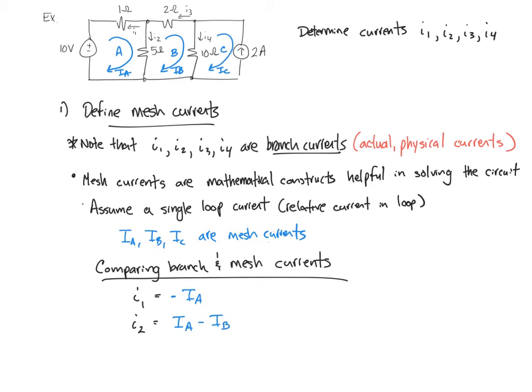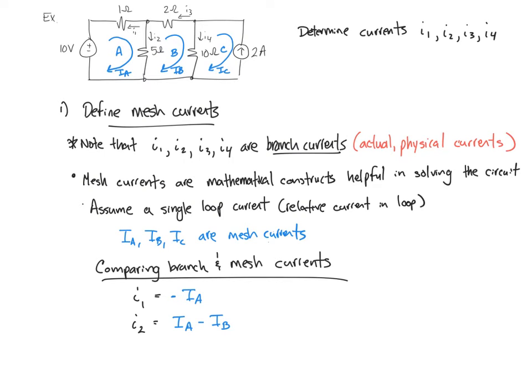In other words, the physical current I2 can be split into two terms due to mesh A and mesh B, IA and IB, going in opposite directions through the 5 ohm resistor, summed together to give us the actual current I2.